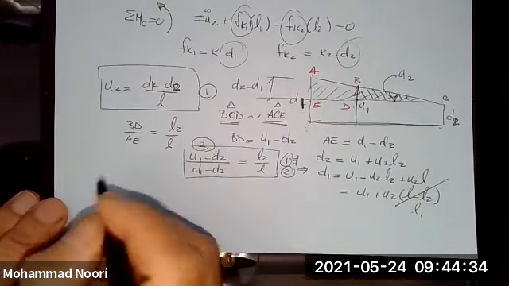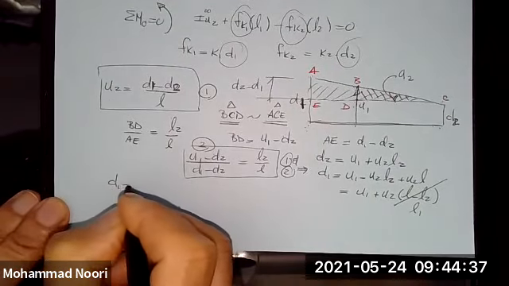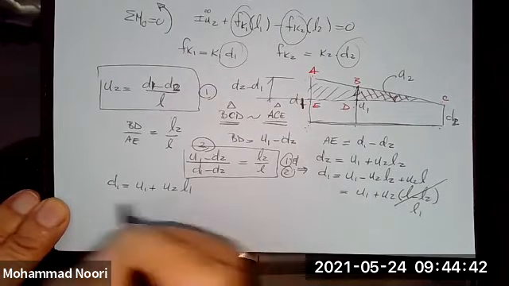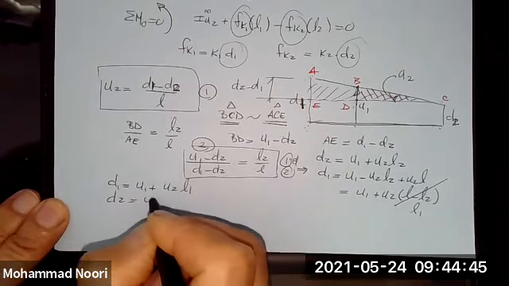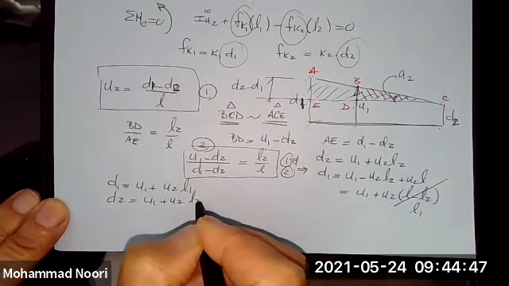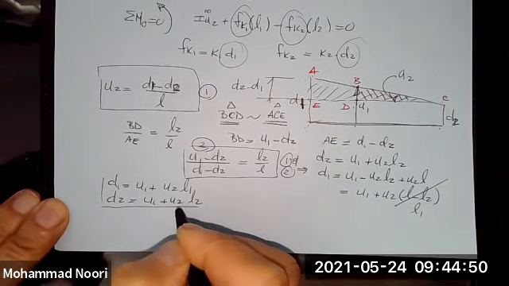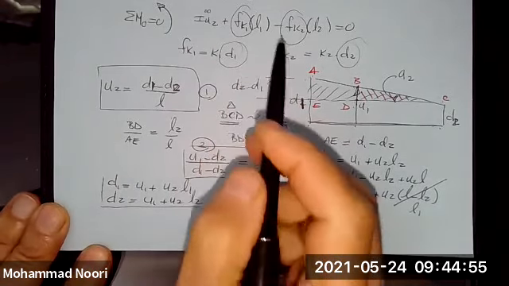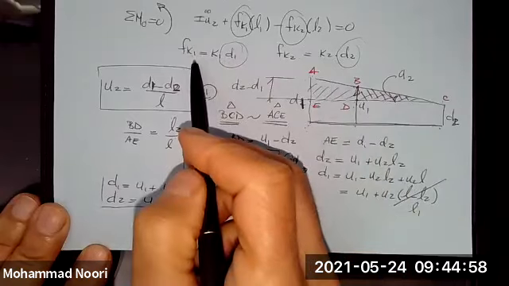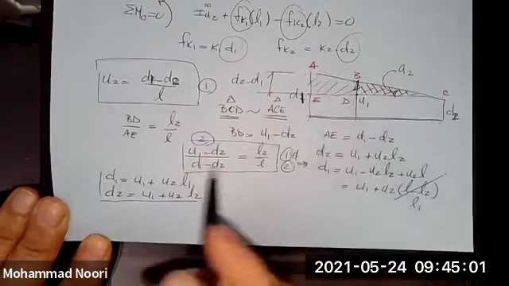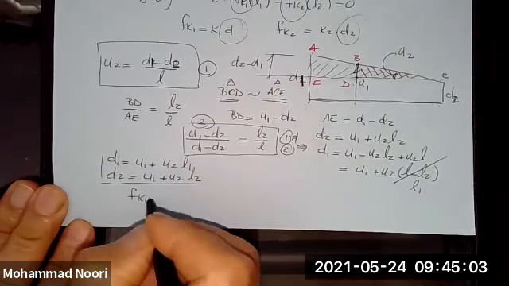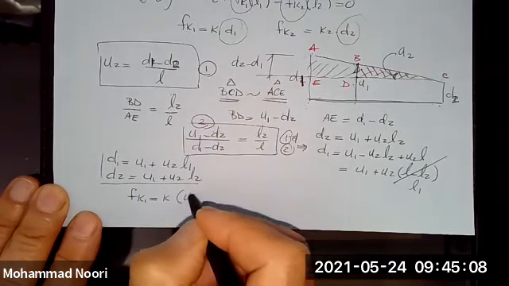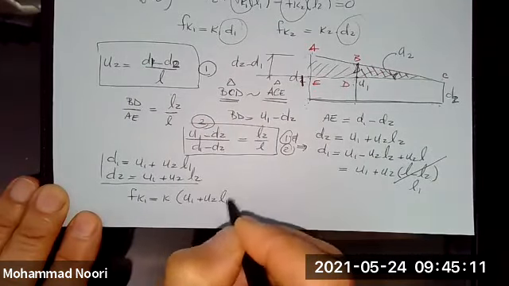So D1 becomes U1 plus U2 L1, D2 is U1 plus U2 L2. Substitute these into the equations for FK1 and FK2. If you do that, FK1 would be K1 times D1, which is U1 plus U2 L1.